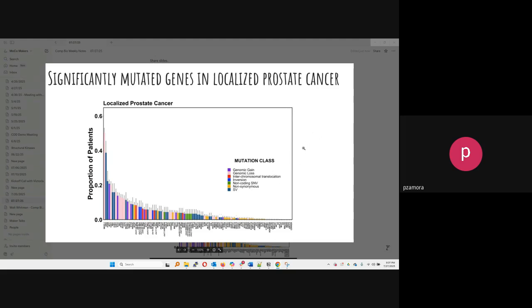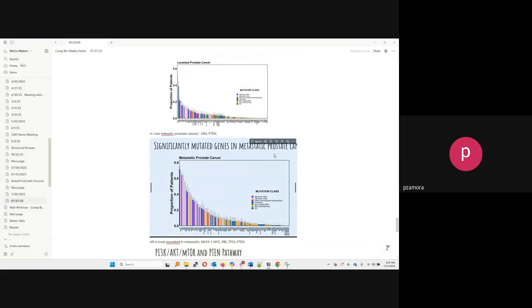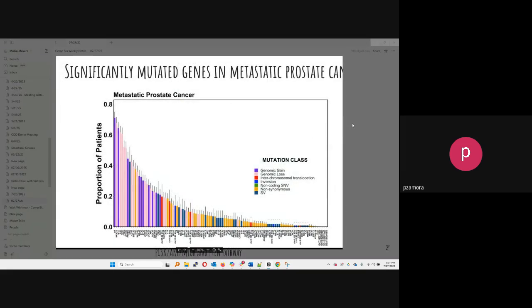The reason that those are particularly interesting is because RB1 is situated a little bit upstream of TP53, but it can feed into and help control the biological activity of TP53. So they're related.